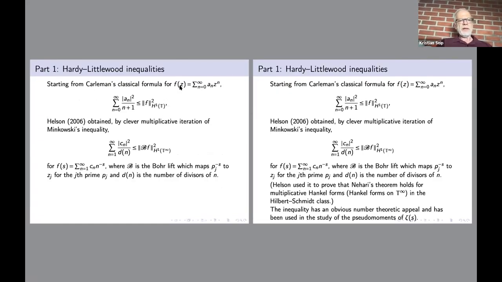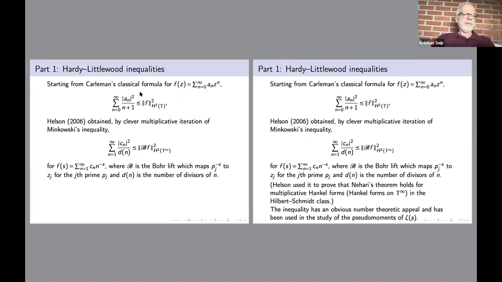He started with a classical work by Carleman, who proved the following inequality for Hardy spaces on the circle. You have an analytic function with Taylor series the sum of a_n z^n.